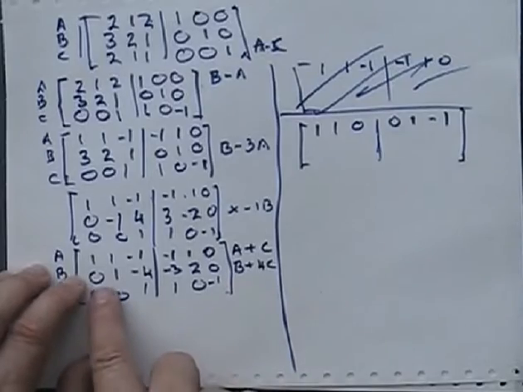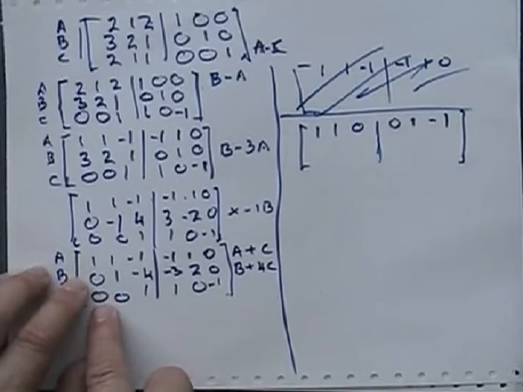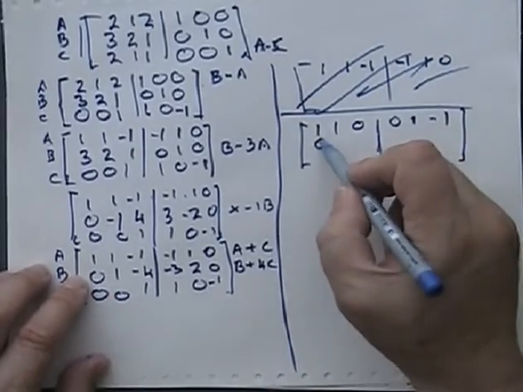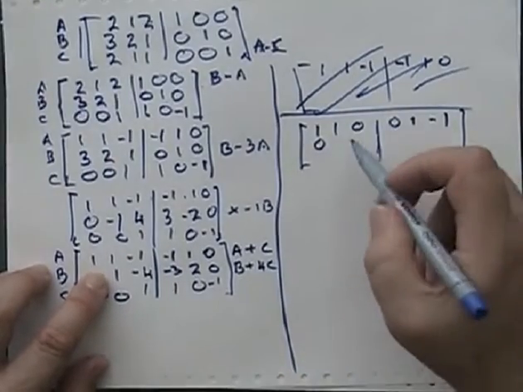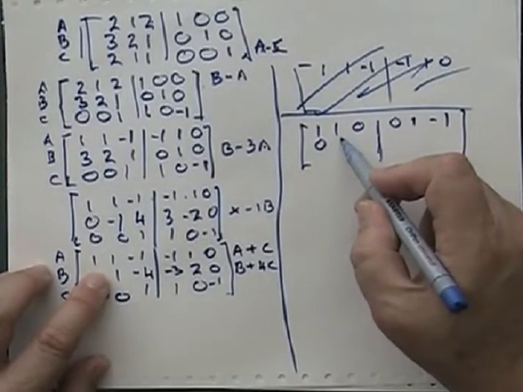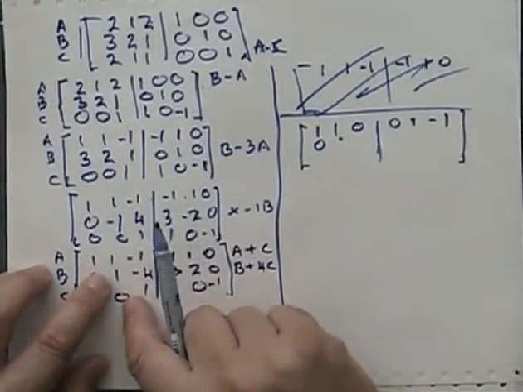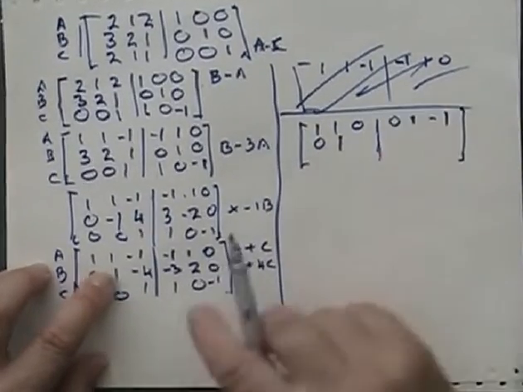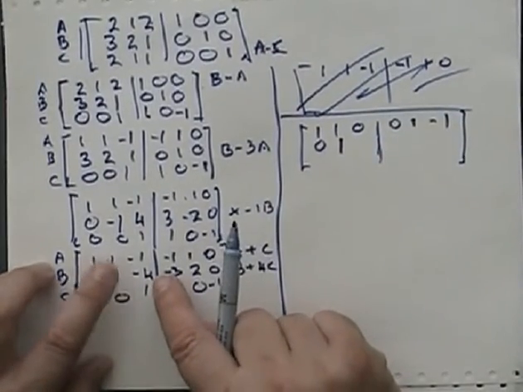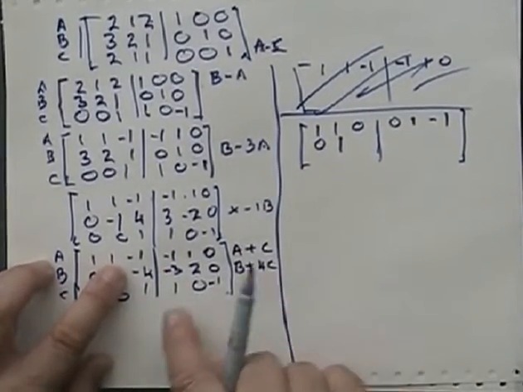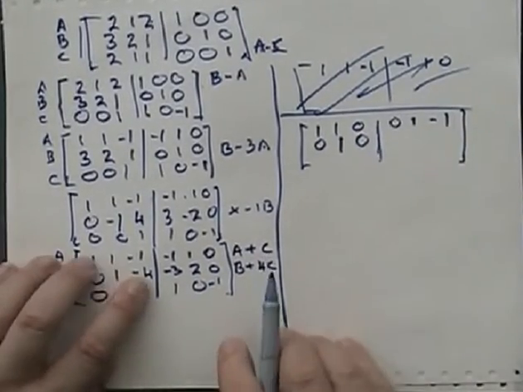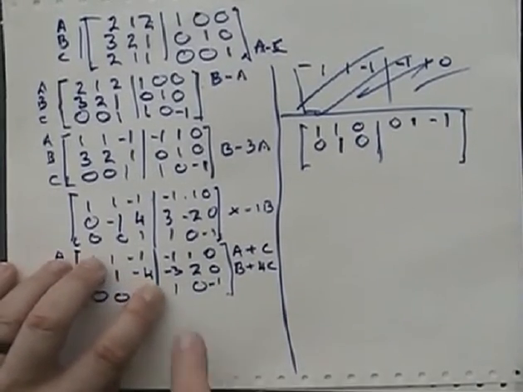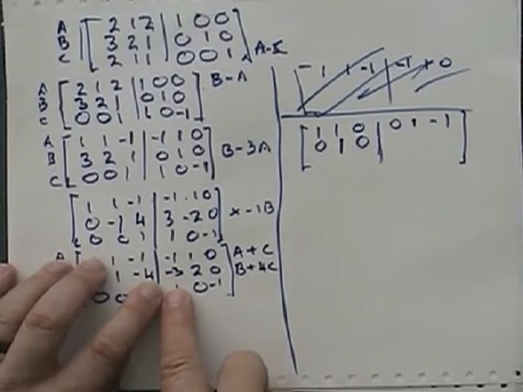Now I'm doing equation B. B is that plus 4 times that, so 0 plus 4 times 0 is 0. 1 plus 4 times 0 is 1. Negative 4 plus 4 times 1 is 0. Now we must do the same over here as well.